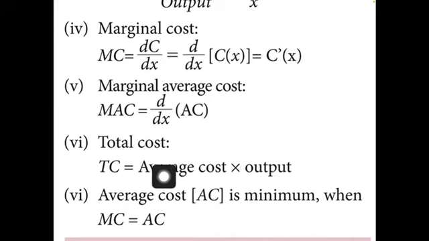Total cost is average cost into output. Average cost is minimum when MC, that is marginal cost, is equal to average cost.